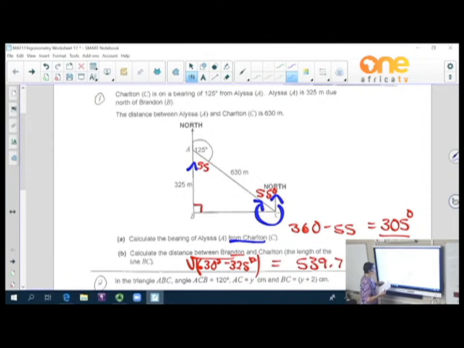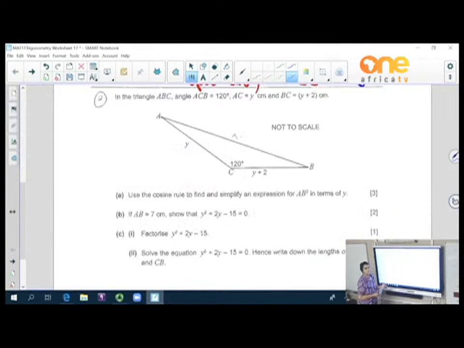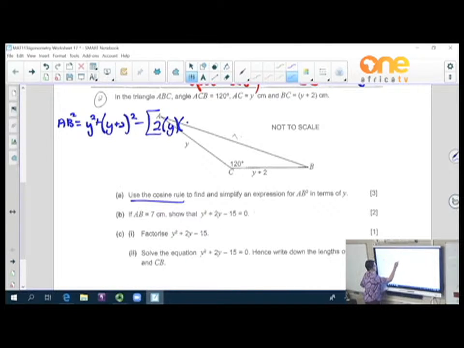There. So this was now bearings, but it was also with trigonometry expression there. So I must use the cosine rule. Squared plus y plus 2 squared minus in brackets 2 times y plus 2 is cosine 120 degrees.